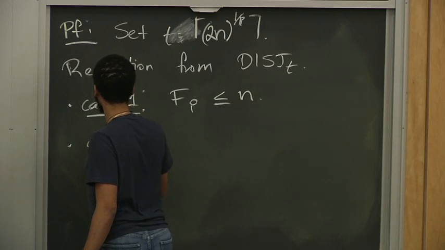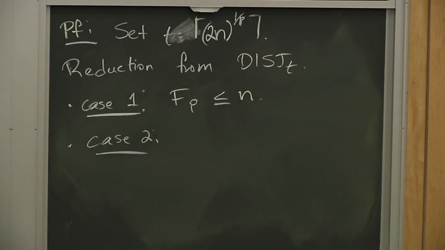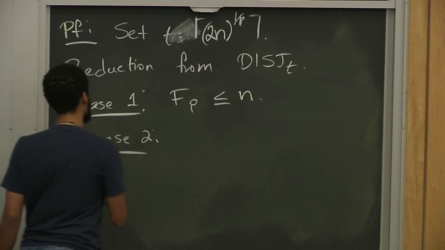In case 2, there is some index k that's in everybody's stream, right? So the frequency of k is going to be t, which implies that Fp is at least t to the p.